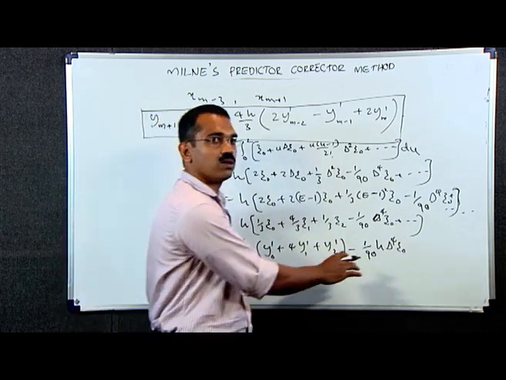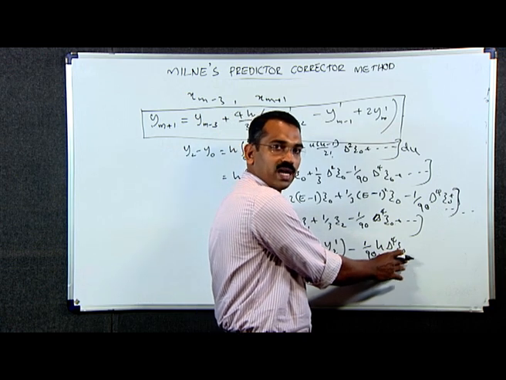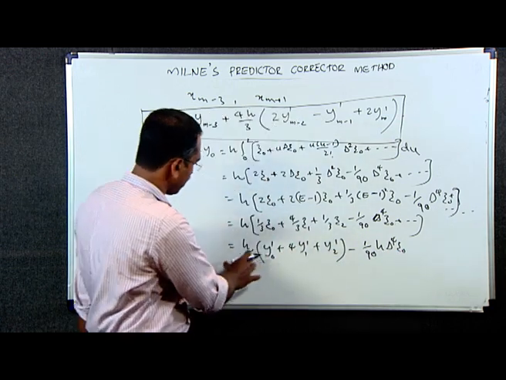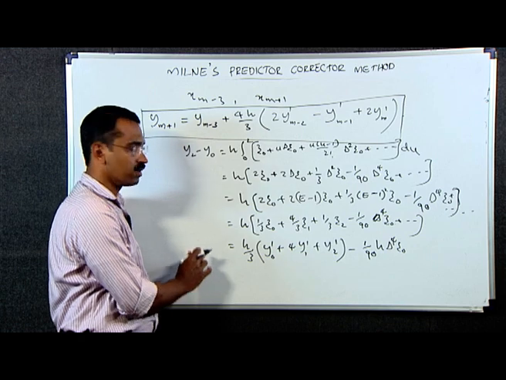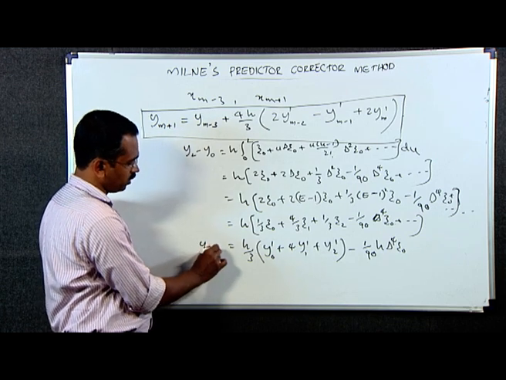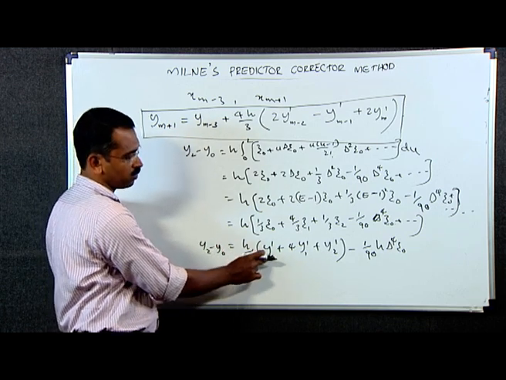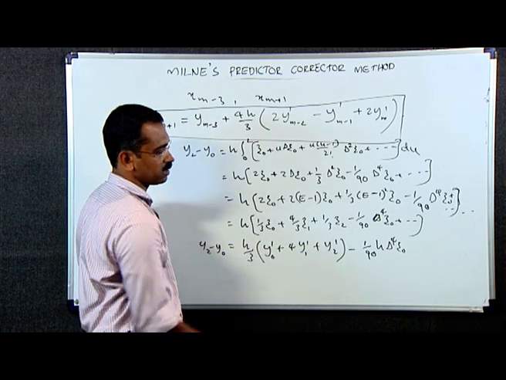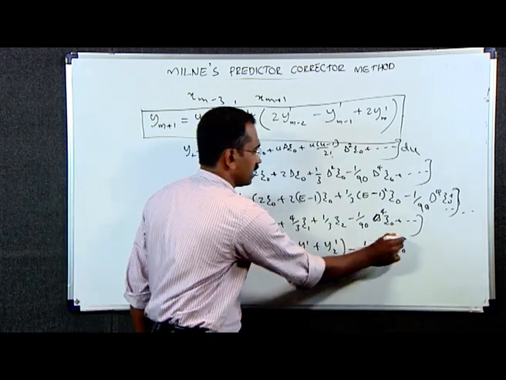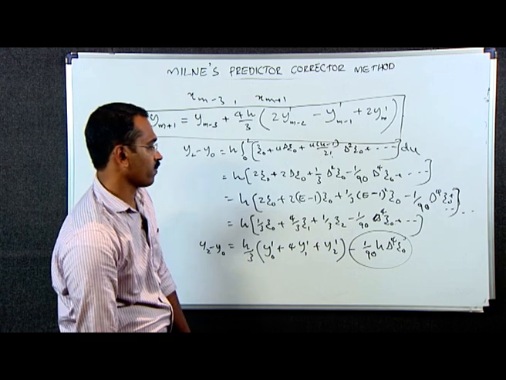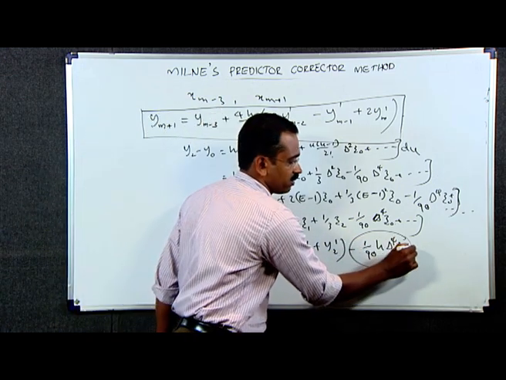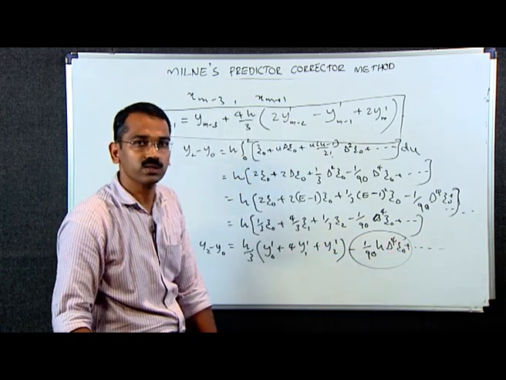Neglecting the fourth and higher order differences, we can write this expression as y2 minus y naught is equal to h by 3 into y naught dash plus 4 into y1 dash plus y2 dash. We neglect the fourth power and higher powers.